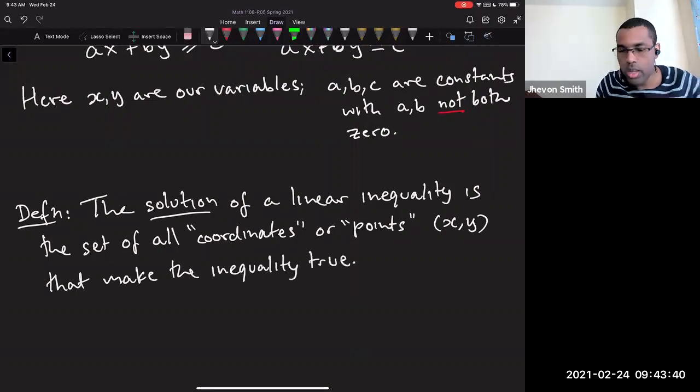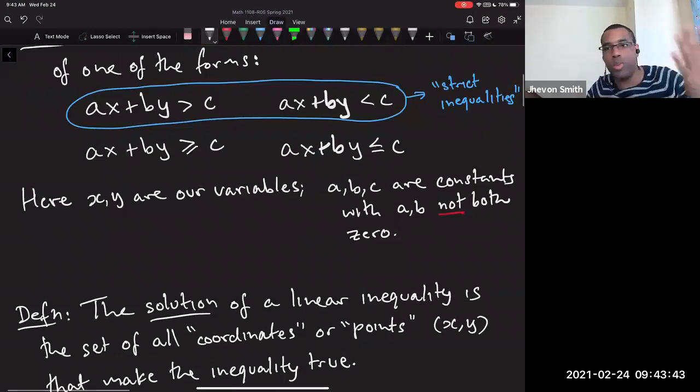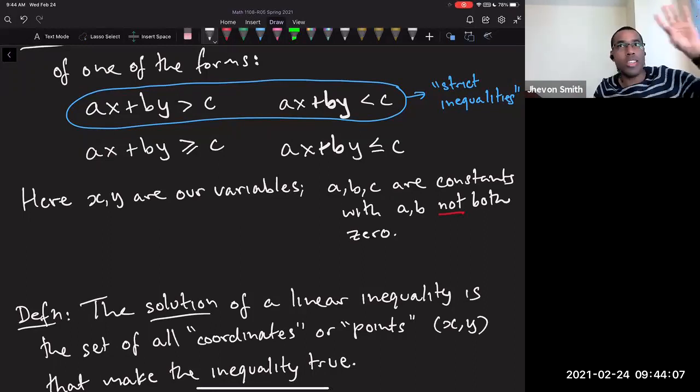true. So if you take two x and y values and you plug into the inequality, it should be a true statement. If you plug in x and y and it says something like 7 is greater than 2, then that's true. It means the point that you plugged in is in the solution set of that linear inequality. On the flip side, if you plug in some x and y values and you end up with -3 is greater than 2, that's obviously not true, which means that point does not solve the inequality.